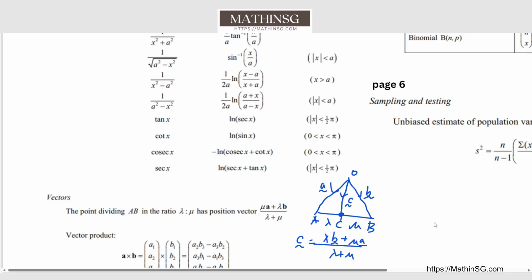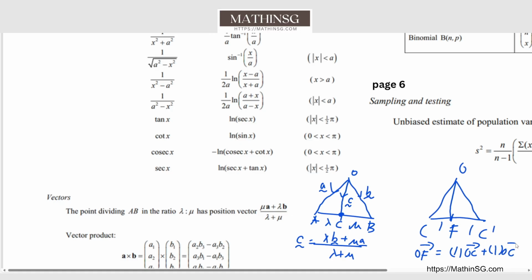So now I have my C, my F, and my C prime, right? Because F is going to be a midpoint, so here it is 1 is to 1. So OF is basically 1 times OC plus 1 times OC prime over 1 plus 1, which is 2. So in other words, 2OF is equal to OC plus OC prime, or OC prime is therefore equal to 2OF minus OC, right?